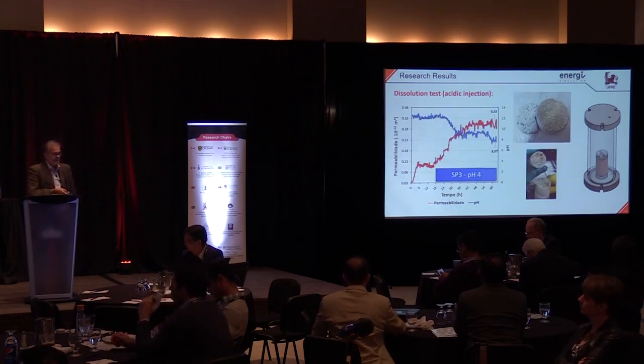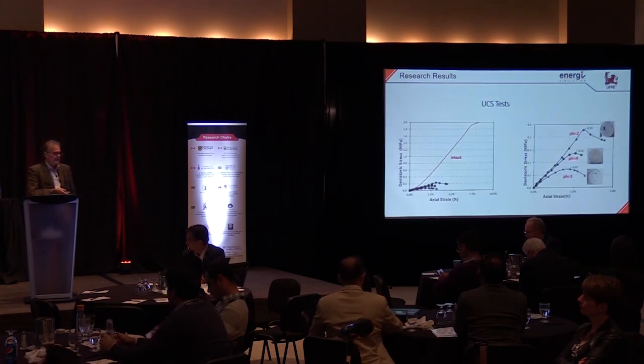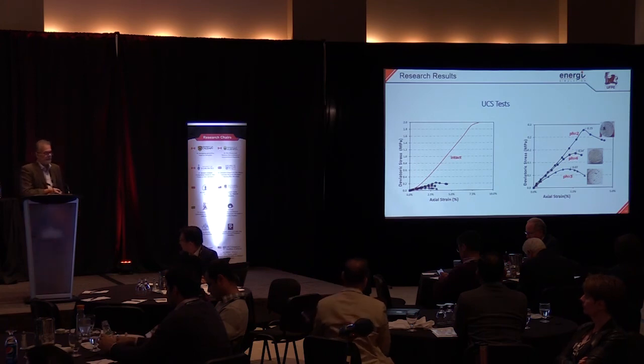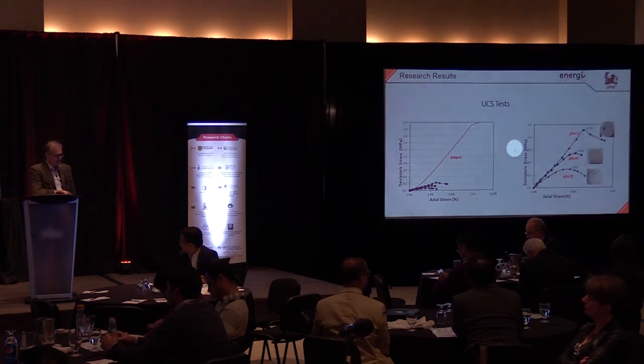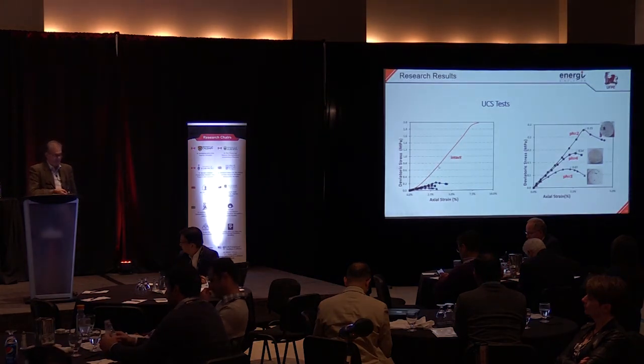After these dissolution tests, Katia performed unconfined compression and confined compression tests, and we can see here that the chemical attack, the dissolution, decreases the strength and stiffness of the samples a lot.